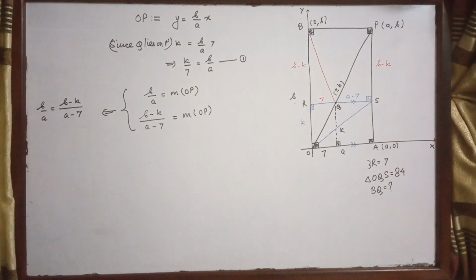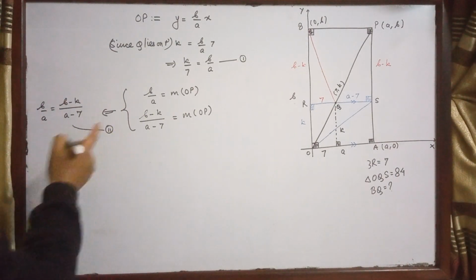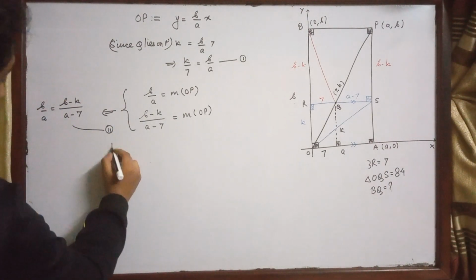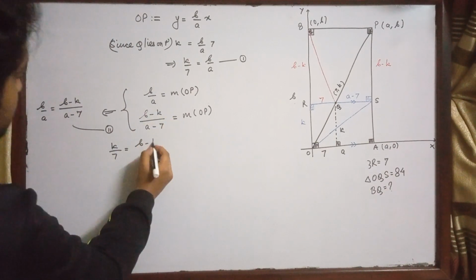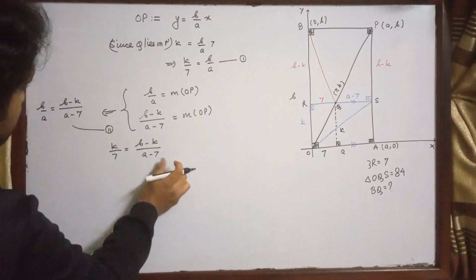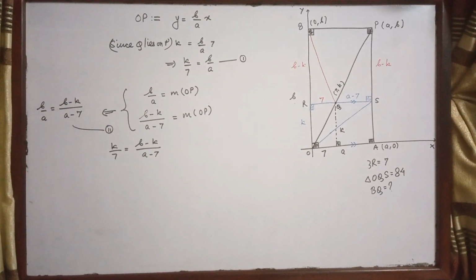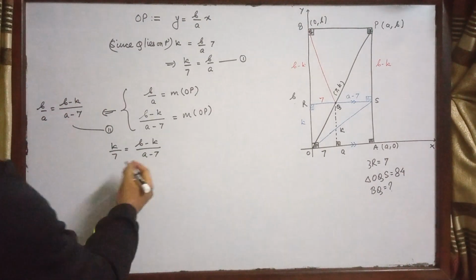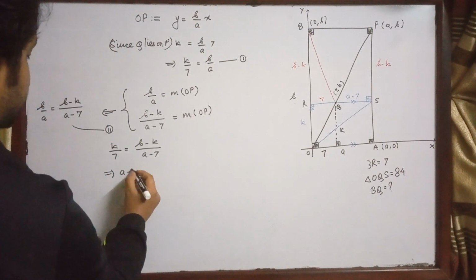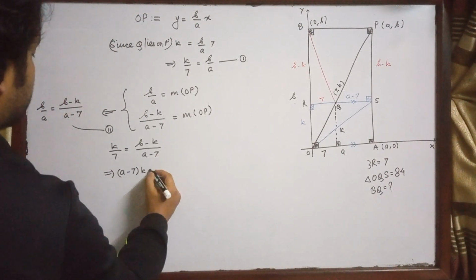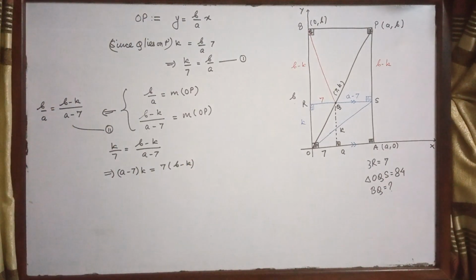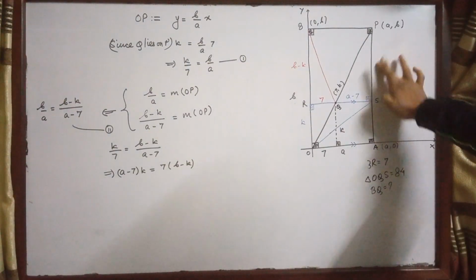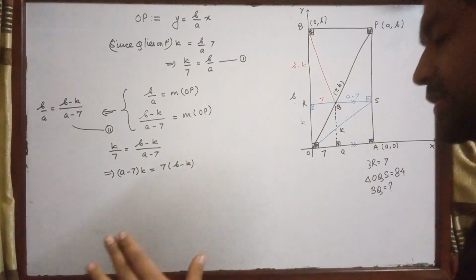From the first and second equations, K over 7 equals B minus K over A minus 7. This gives A minus 7 times K equals 7 times B minus K.